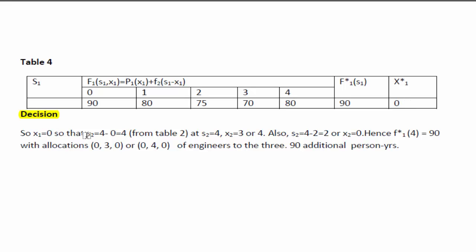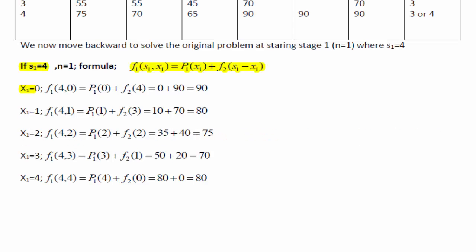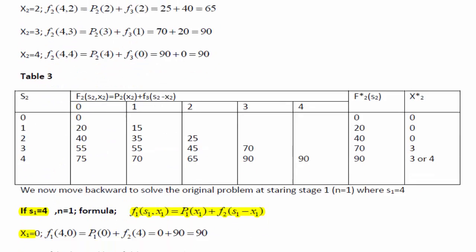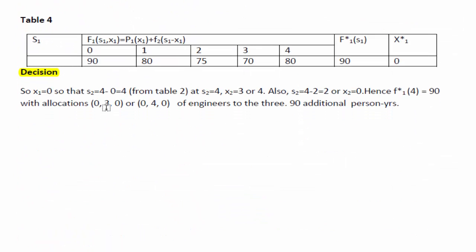So x1 equals 0, so whatever is now left available is for the second country, the second establishment, which is S2. If country 1 has 4, and the first establishment is not taking anything, that means automatically for the second one there are 4 remaining.